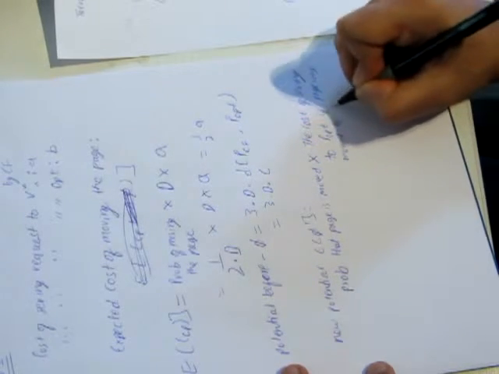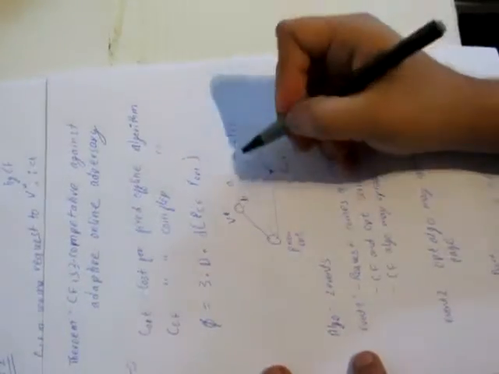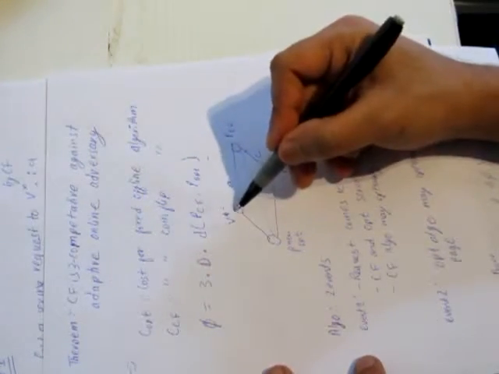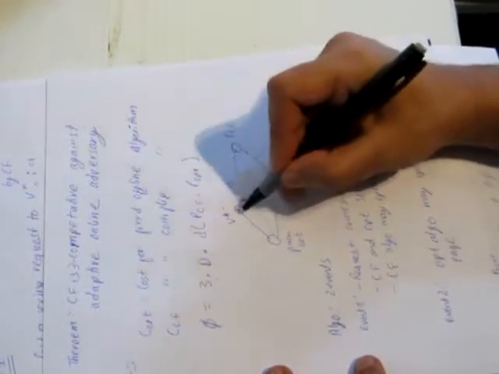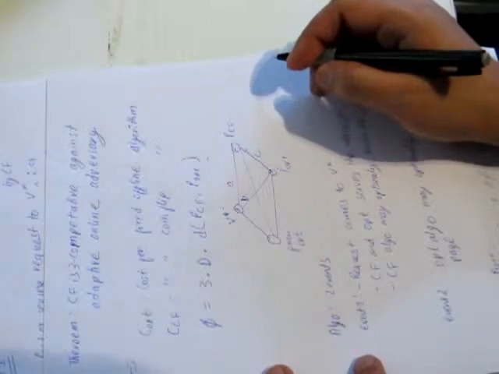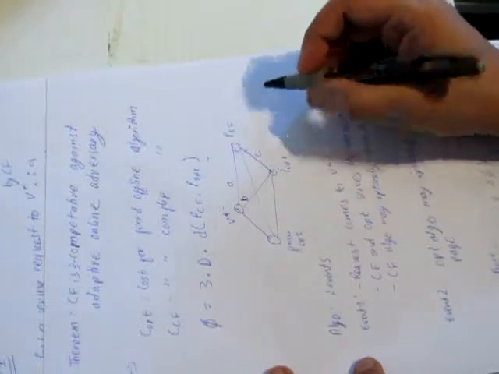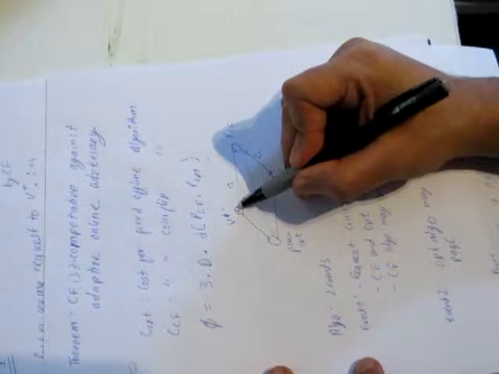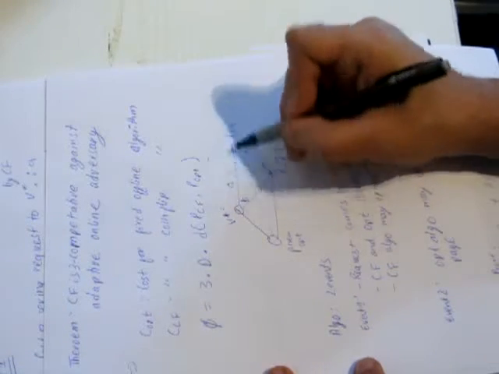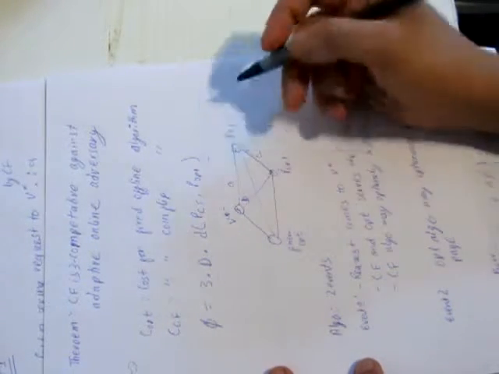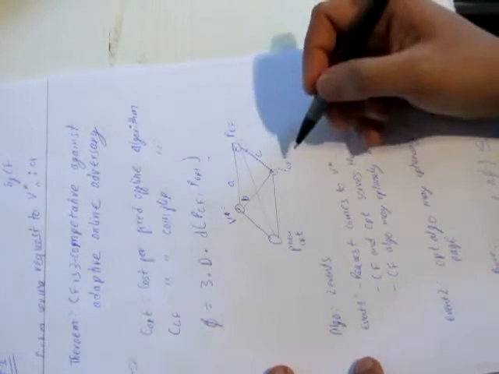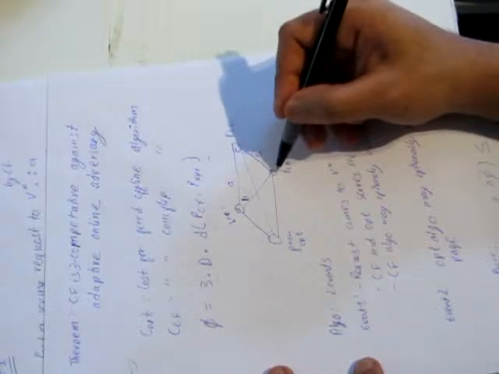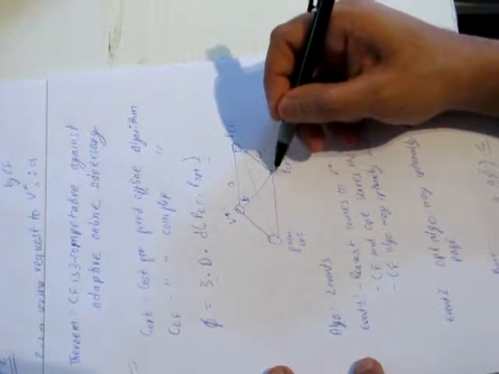moved to V asterisk. So one cost would be, for example, the request came here, so we have two options. One option is either to move the page here and another is not to move the page. So if we move the page here, then we have some expected cost, and if we don't move the page, then we have some expected cost, because we suppose later the request will come here.